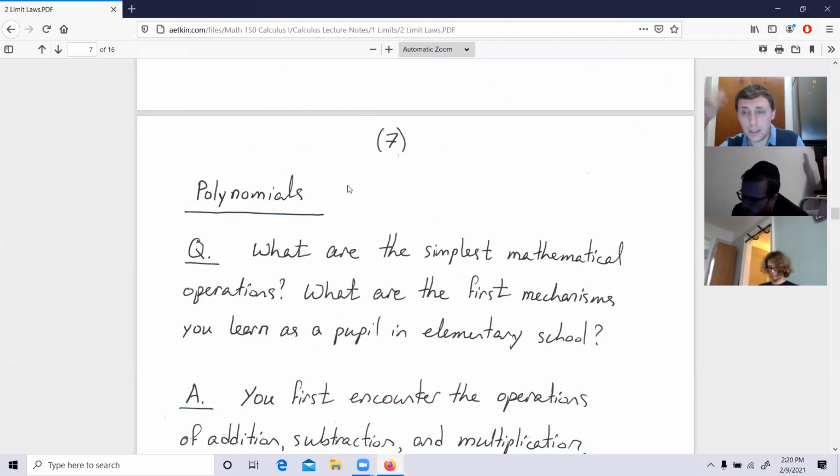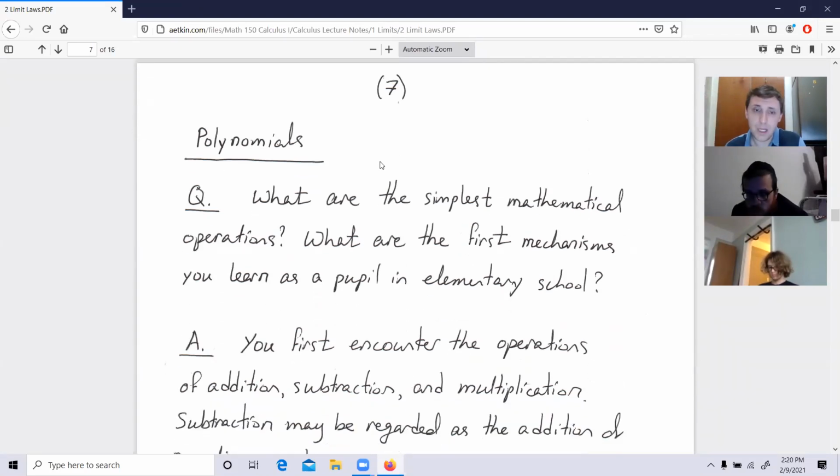Division, subtraction, you might say, right? Addition and subtraction can be thought of as really the same operation. So if I subtract 2 from 5, 5 minus 2, it's like 5 plus minus 2. You understand? It's like adding to 5 a negative number.